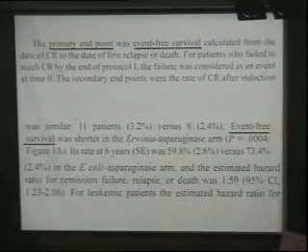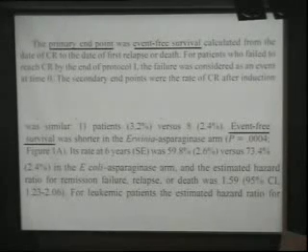It says the rate was shorter in the Erwinia asparaginase arm, figure 1a. Its rate at 6 years was 59.8% for Erwinia versus 73.4% for the E. coli. And then they talk about estimated hazard ratios for remission failure, relapse, or death. Interesting, but not entirely helpful for us to understand this article.